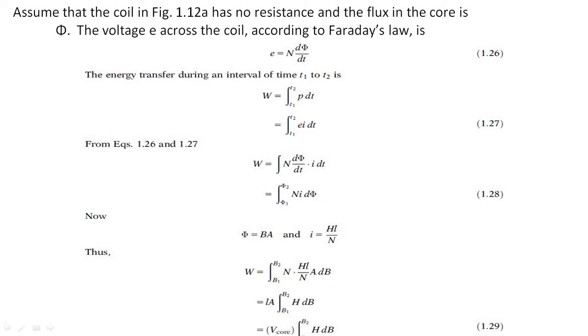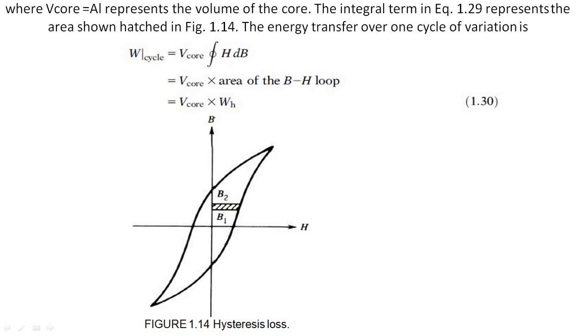That means W is equal to l times A times the integral from B1 to B2 of H dB, that is V core times the integral from B1 to B2 of H dB, where V core equal to A l represents the volume of the core. The integral term represents the area, the energy transfer over one cycle of variation. W cycle is equal to V core times the closed integral of H dB, which is V core times the area of the BH loop, that is V core times WH.